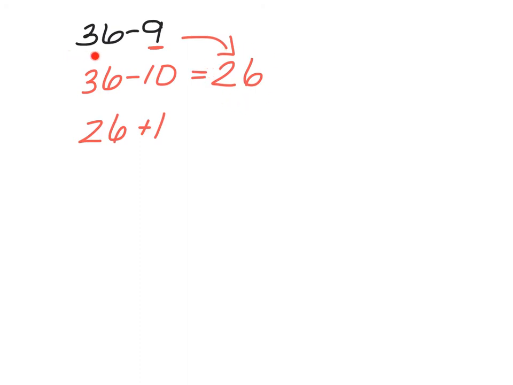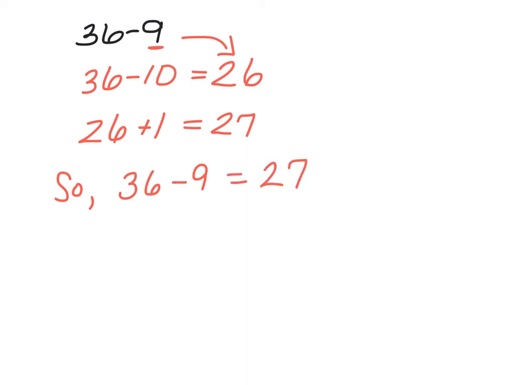But remember, the real problem is 36 minus 9. We took away 10. We took away more than we had to. In fact, 1 more than we had to. So now we have to give back that 1. So 26 plus 1 equals 27. So 36 minus 9 equals 27.